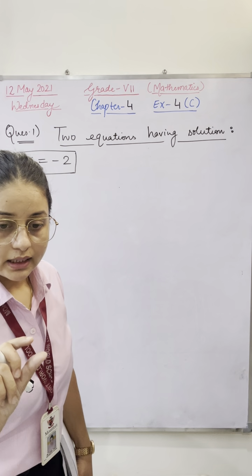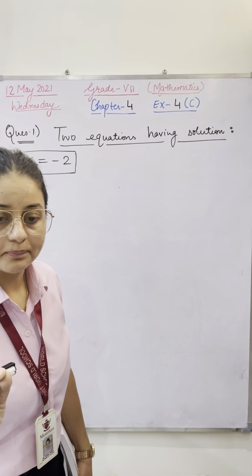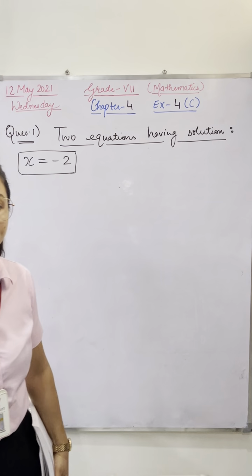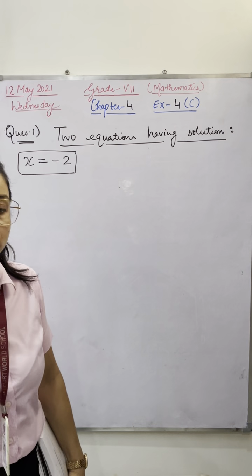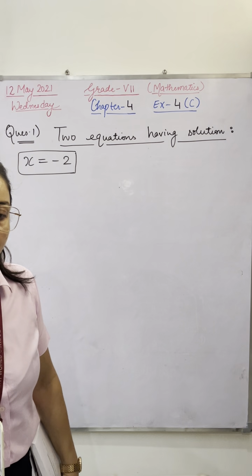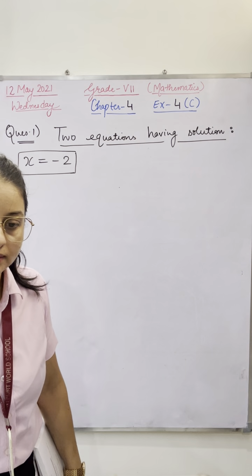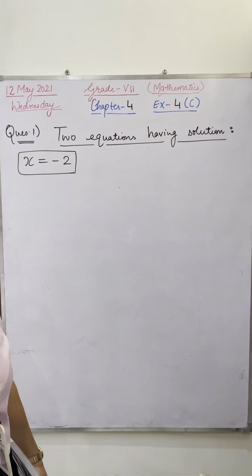An equation is made up of variables and constants. Write the variable also and the constant value also. Quickly. Yes, make two equations. Ananya, right? Yes, Tanisha, right?